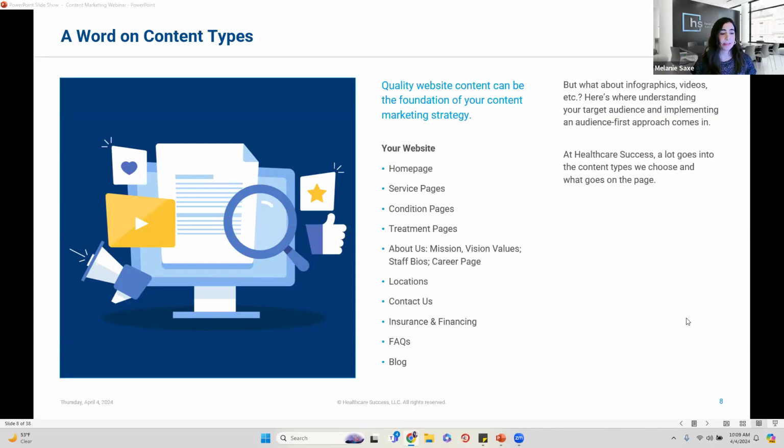But I did want to set the stage: content can mean a lot of things, right? For the sake of our webinar, we're going to focus on website content, and the reason why is because from my understanding, if you have a really good website and really good content, and you took that time to develop the pages as they should be developed with everything involved, whether you're talking about video, infographics, everything is in the right place and your website is stacked, in my opinion, that will fuel your content marketing efforts.